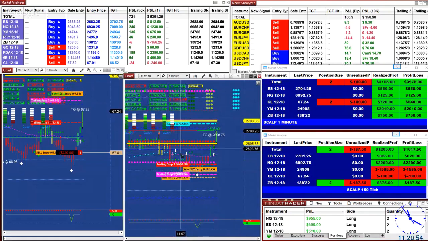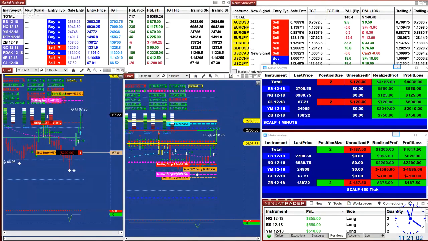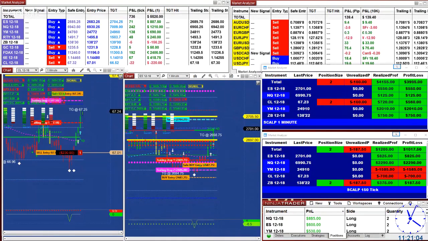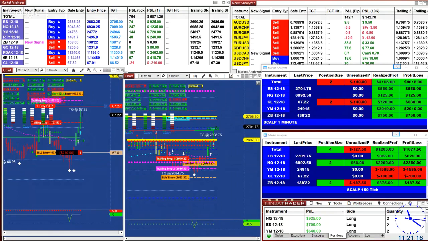My ES closed, the ATM closed, they all closed. There is nothing anymore. Everything is closed on my side. I don't have any open position. It's done. There is a CL, and it's done.